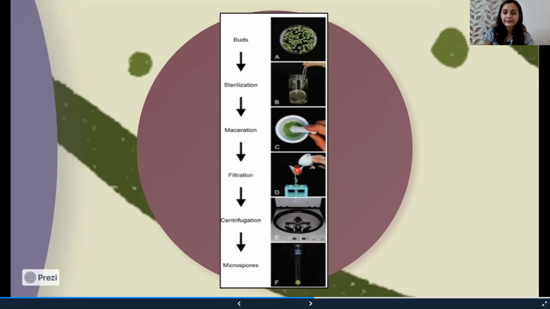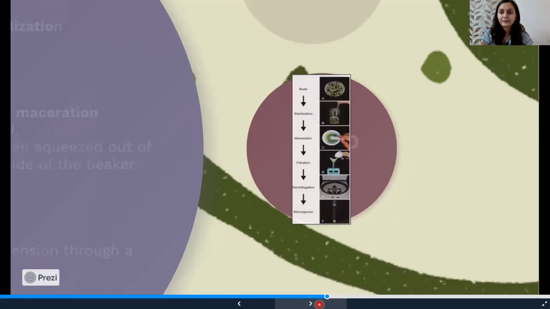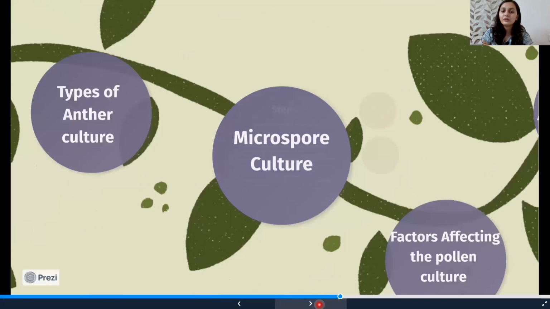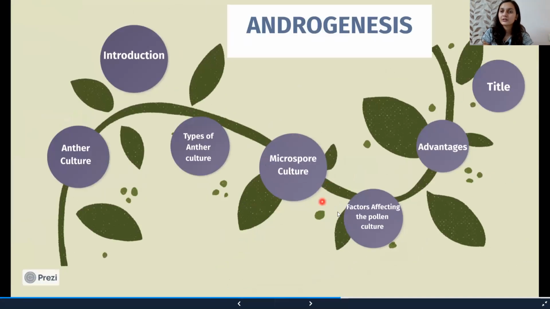Finally, we filter that solution. Then we centrifuge. We take the microspores, which are in the pellet in this case, and discard the supernatant. Then finally, we put these microspores onto a nutrient media. And this was all about microspore culture.